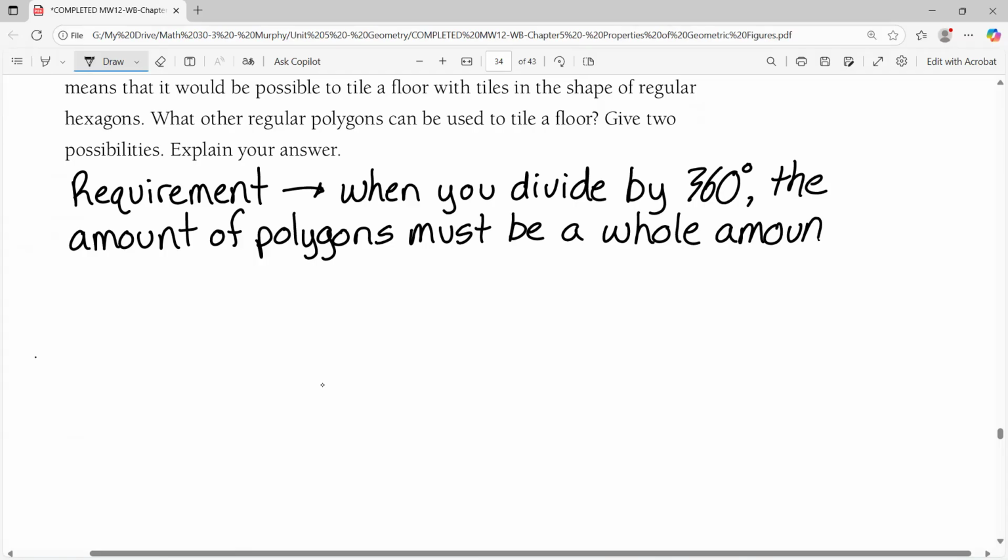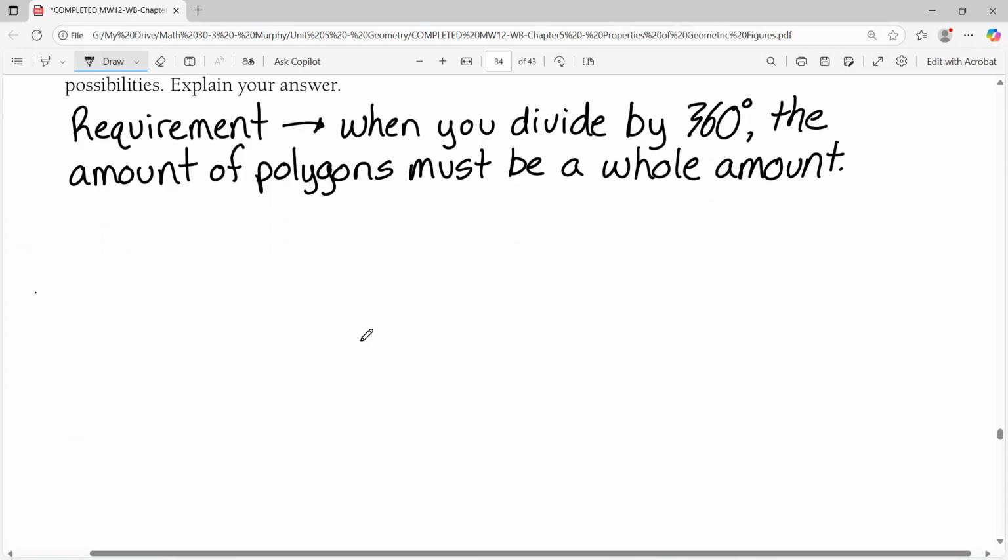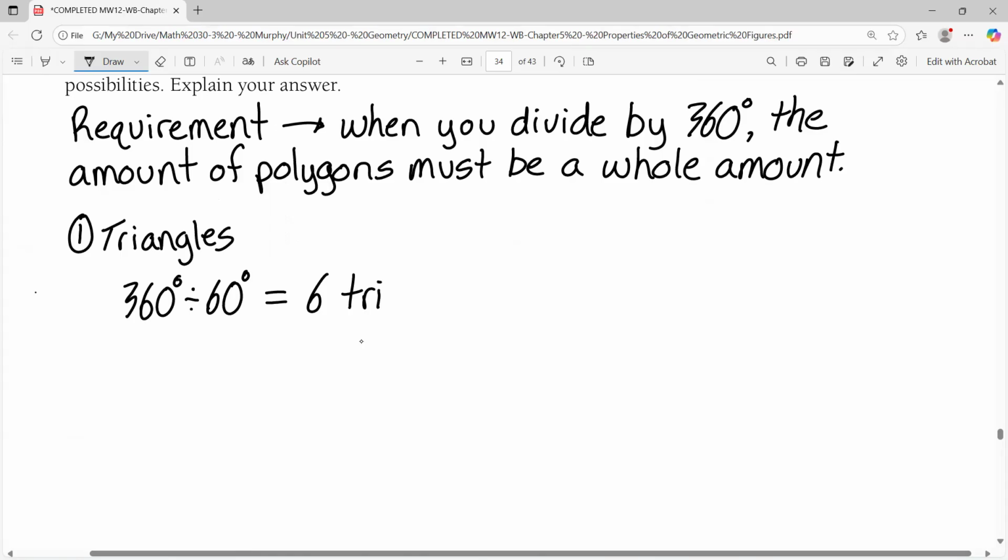Okay, now the two easiest ones are number one, triangles. If you were to take 360 degrees and divide it by the interior angle of 60, it's going to take you 6 triangles. And that's going to look like a hexagon, right?